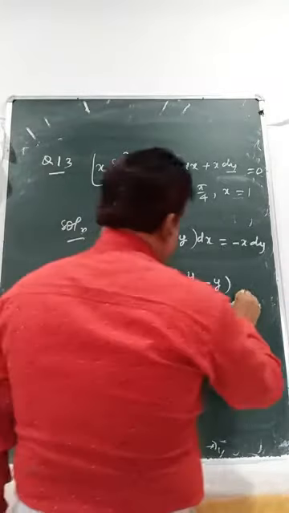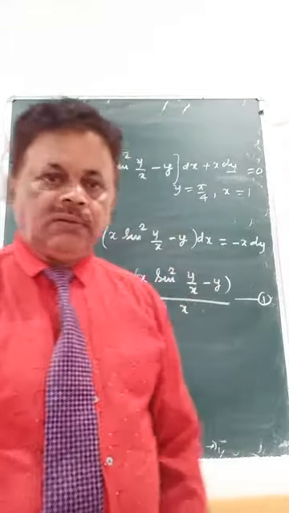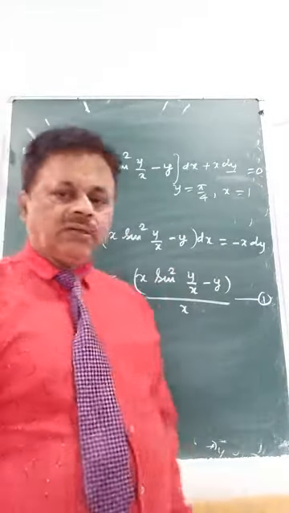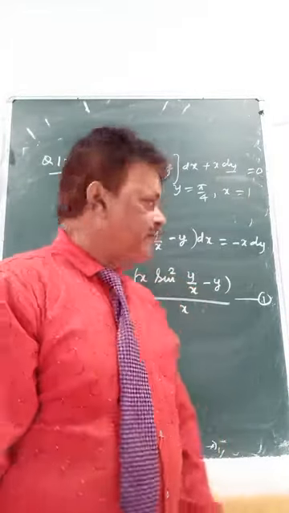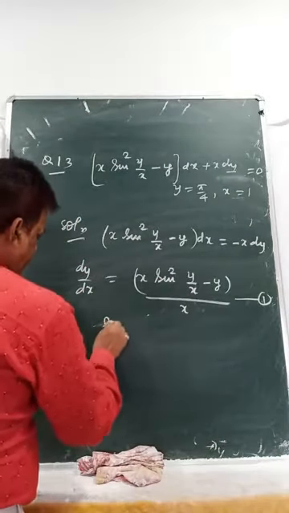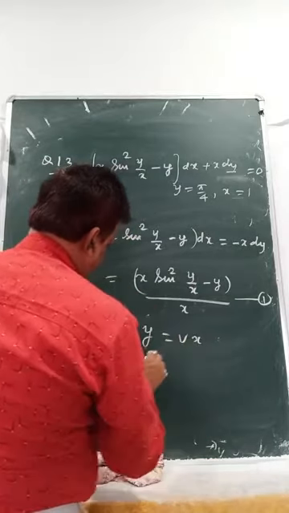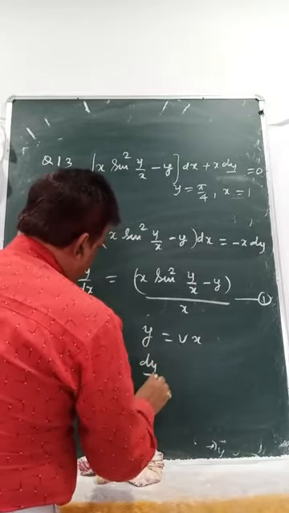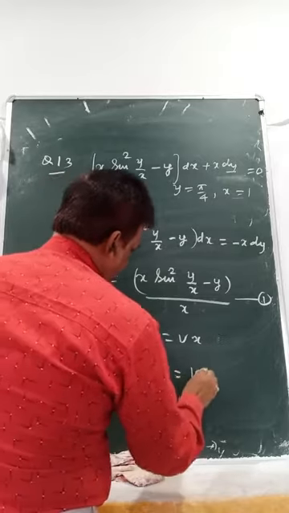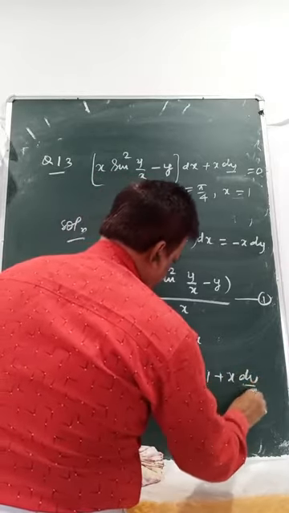So question number 1, it's proving homogeneous. Every time I told you, put lambda x, lambda y, it will come. First part every time, no need to repeat. So let me solve it. So put y equals vx. So dy by dx equals v into 1, product rule, x dv by dx.